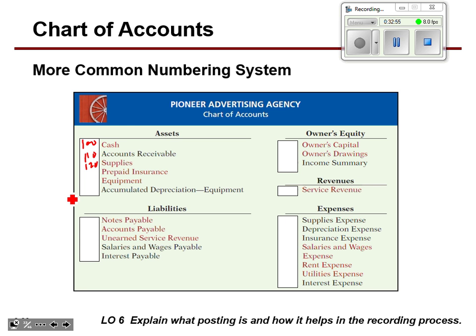Even ask your dad. Or if your family is a farm family, ask to see their chart of accounts. Maybe they have one, maybe they don't. Makes it a lot easier if they do.